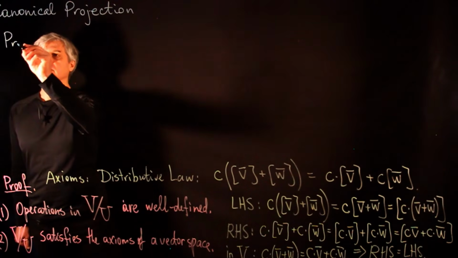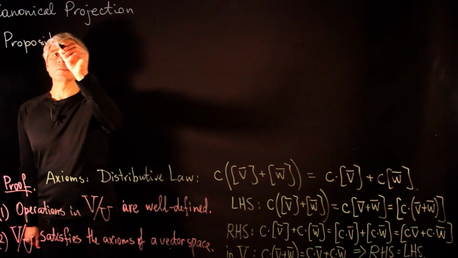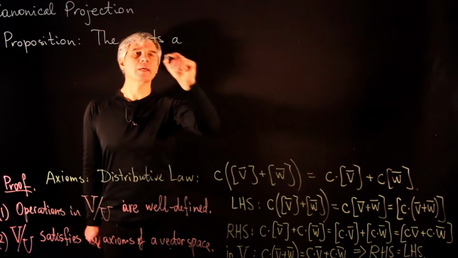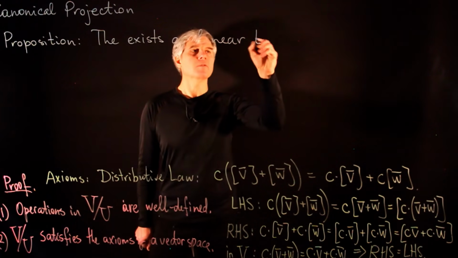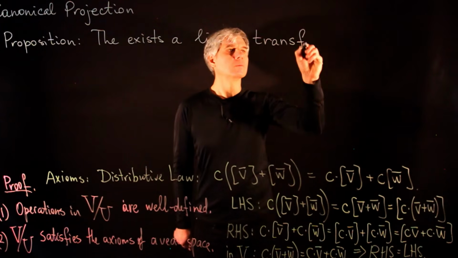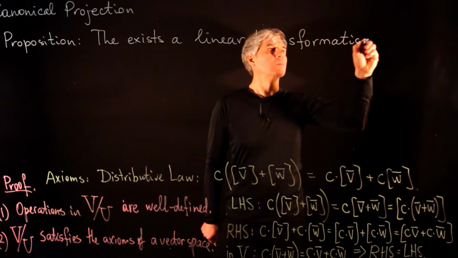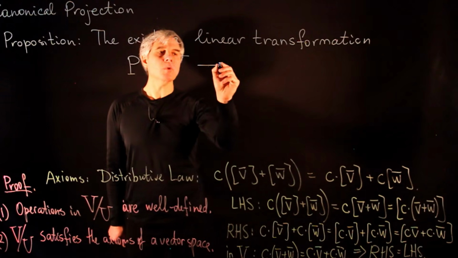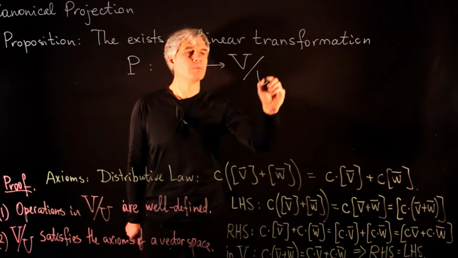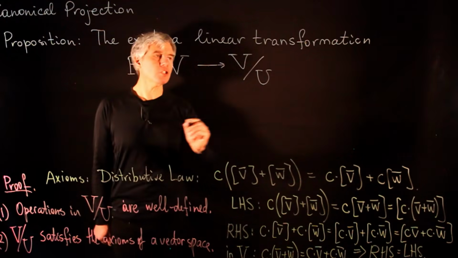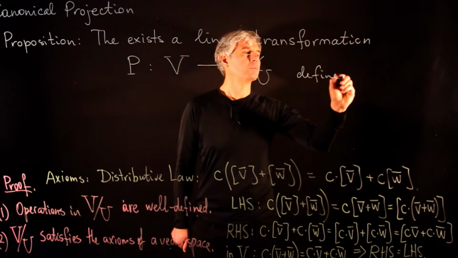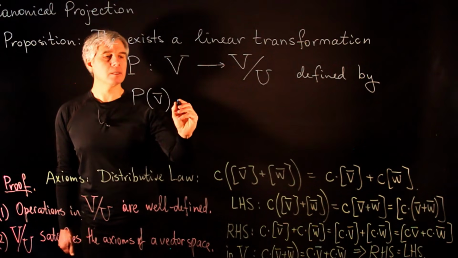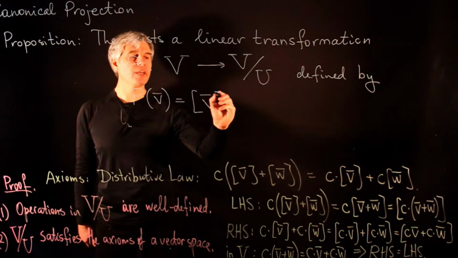Here we have a proposition. There exists a linear transformation P from the space V to the quotient space V quotient by U, which is called the canonical projection, defined by P of a vector V is equal to the equivalence class of this vector.